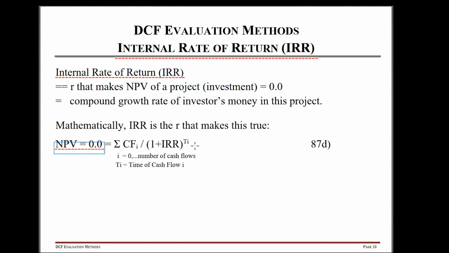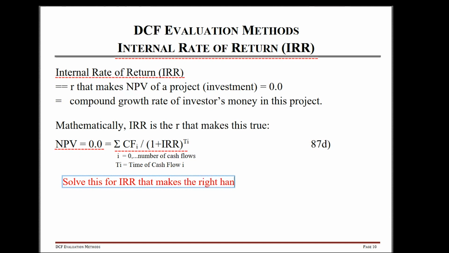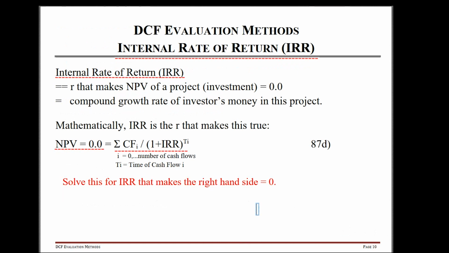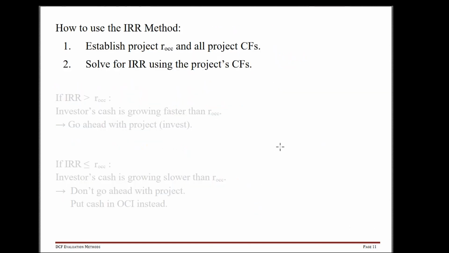So over here, we have on this side exactly the NPV equation as we first developed it, except instead of putting our opportunity cost of capital in here, we put in the internal rate of return, and now we solve this for the IRR. Okay, so that's the idea with the internal rate of return DCF evaluation method.